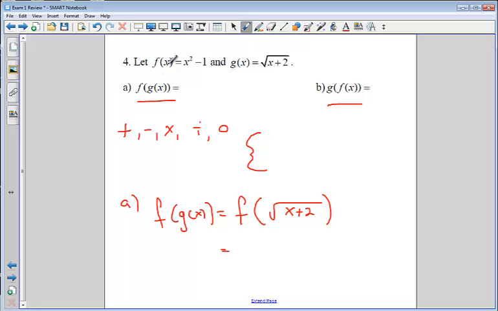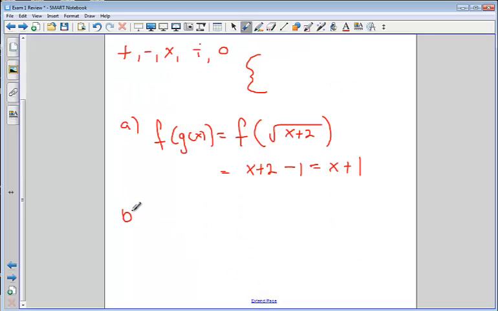It says whatever's right here, I put right here, and I square it and take away 1. So square it, and I get x plus 2, because the square root of x plus 2 squared is just x plus 2. And I take away 1, because that's what this says. So I squared whatever's inside here, and I took away 1, so I get x plus 1.